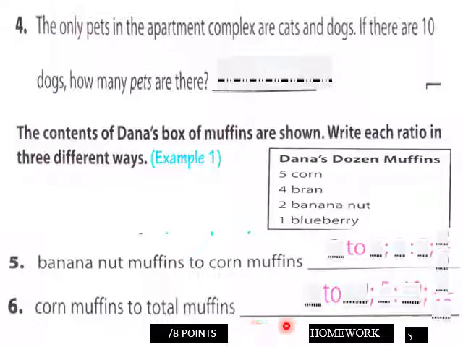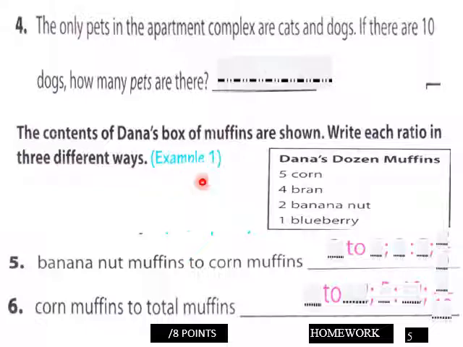And then this is page 5 of our homework. The only pets in the apartment complex are cats and dogs. If there are 10 dogs, how many pets are there? And then we have another table here of contents for muffins. Banana nut muffins to corn muffins.